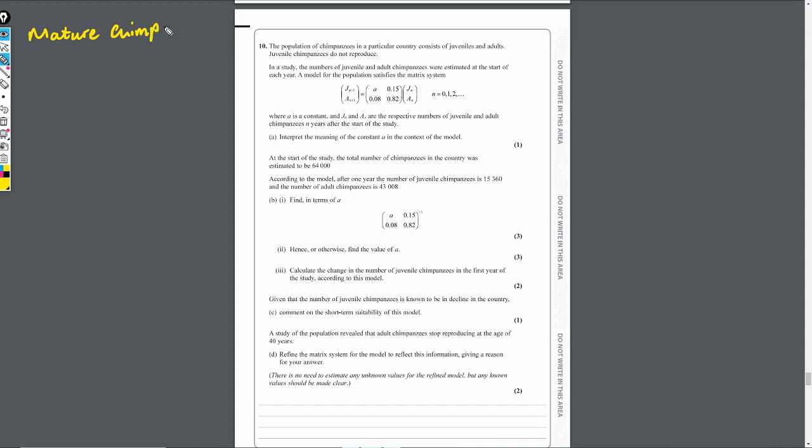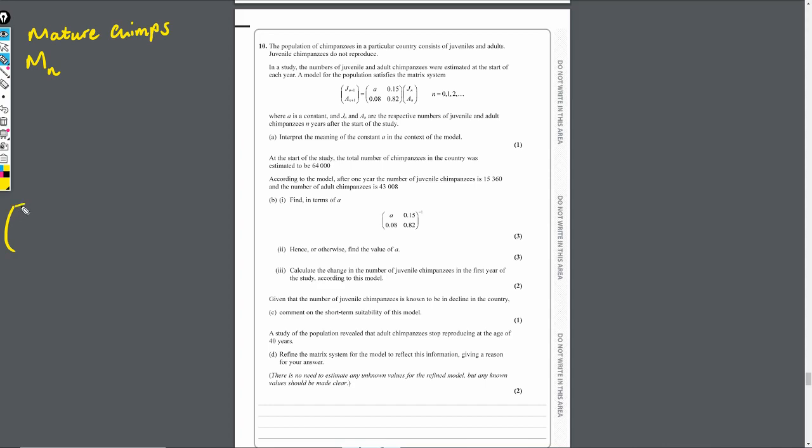So okay, so mature chimps. Okay. So if we call this M, and what we're going to do now is represent this as a 3 by 3 matrix here. So it's not 2 by 2 now, it's going to be 3 by 3. And it won't be Jn plus 1 and An plus 1, it'll be Jn plus 1, An plus 1, and Mn plus 1. Okay? And where it's Jn and An, we've got an Mn here. So we can represent this now. So if I do it down here, so I've got extra room.